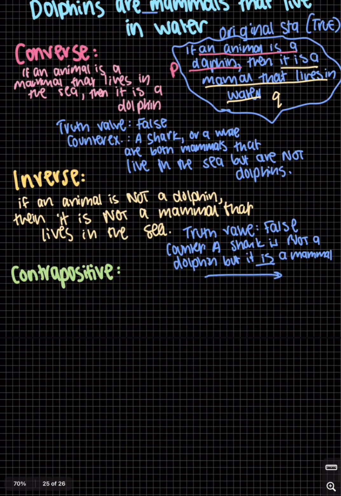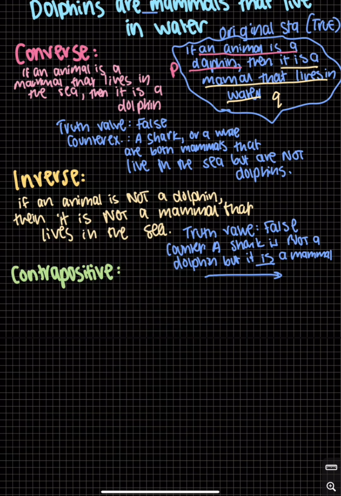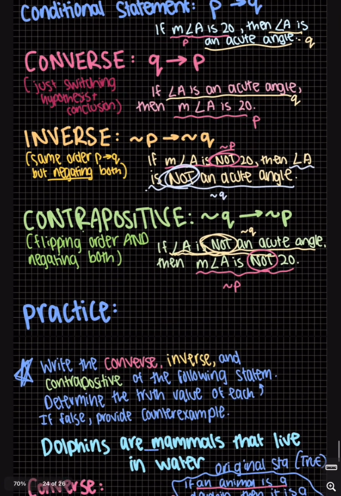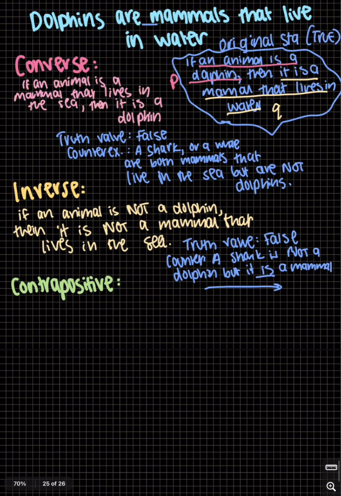Now for the last one, our contrapositive. I'm going to go back to my review page, and I can see here that the contrapositive is the negation of Q, then the negation of P. So the Q is right here, a mammal that lives in the water.